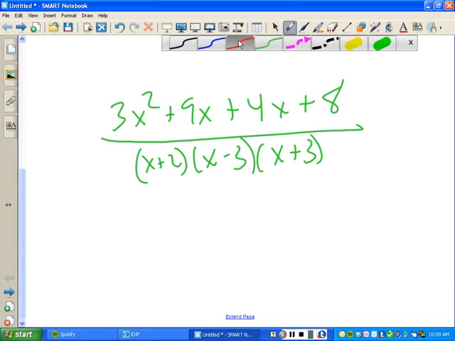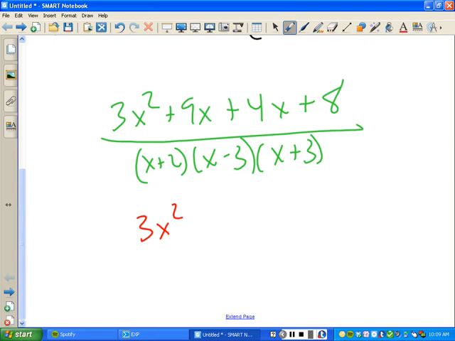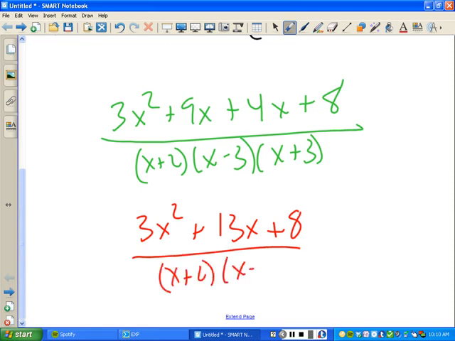Okay. 3x squared plus 9x and 4x is 13x plus 8 over x plus 2, x minus 3, x plus 3.